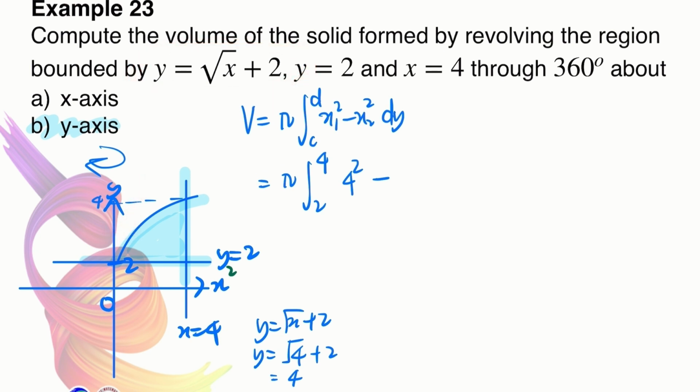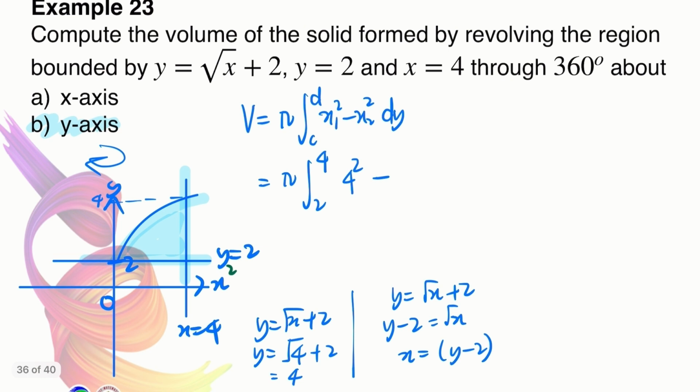Since we want x as the subject, let's find x. Square root x plus 2, rearrange for square root x. So x equals y minus 2 to the power of 2. So that is your x2.